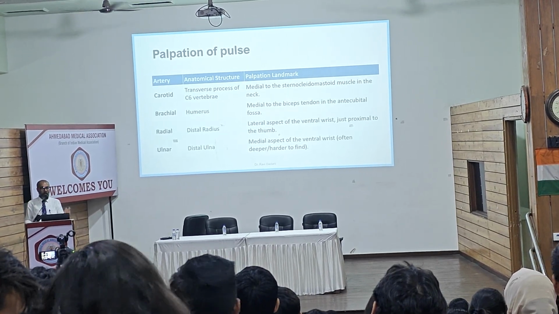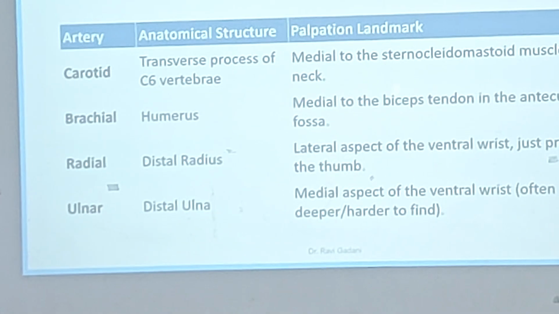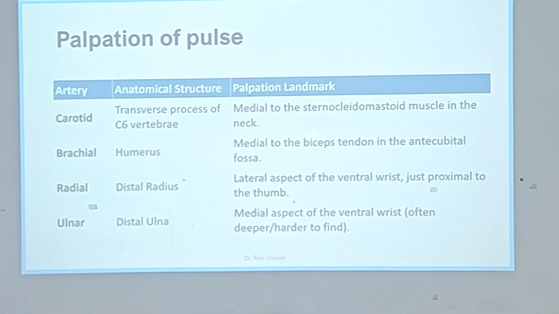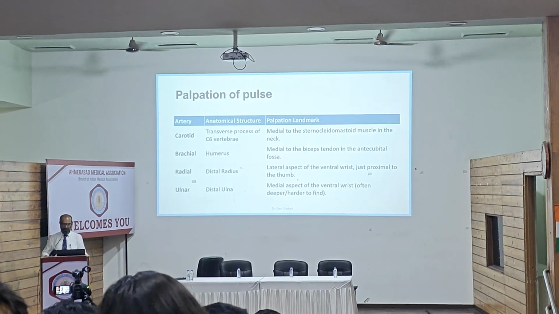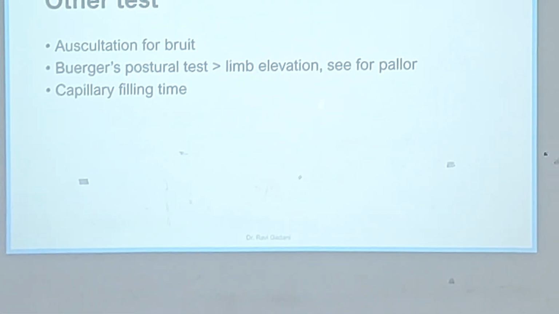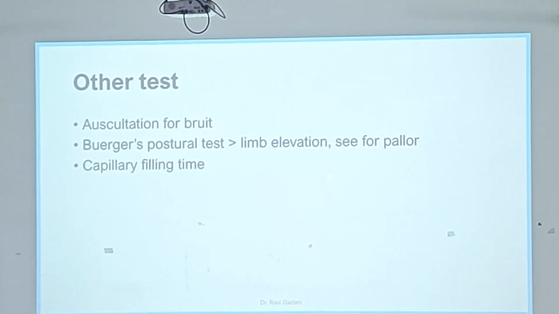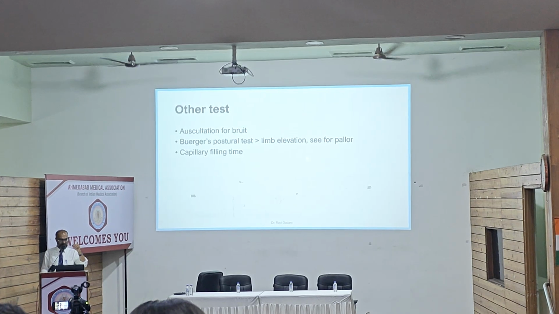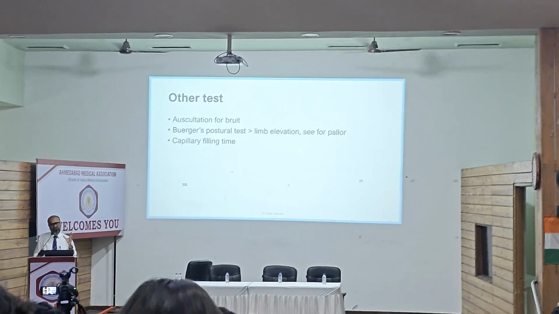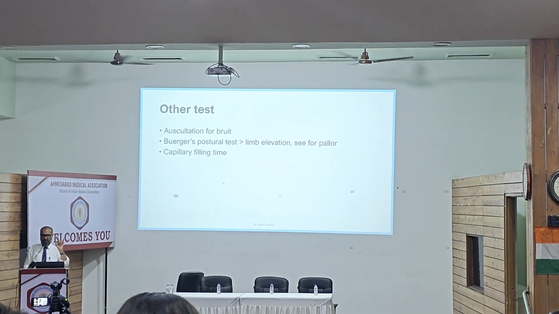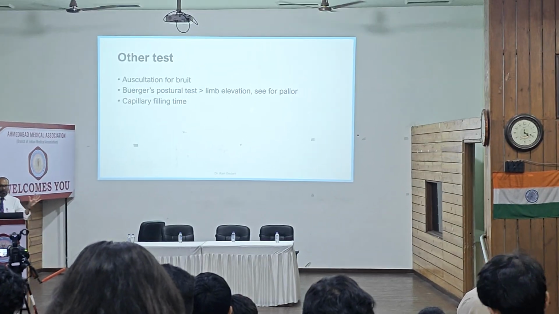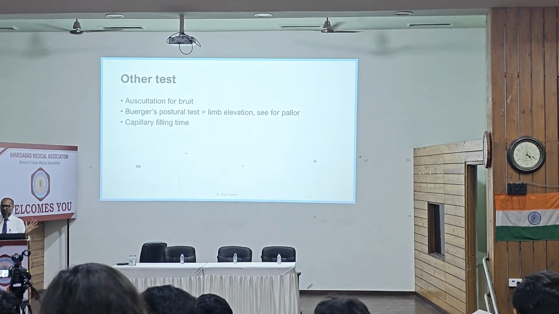I think it's very simple to do. But in case of PVD, you also need to palpate carotid. You also need to palpate upper limb arteries, and you also need to speak about it. Other tests are you need to auscultate for bruit, because at palpation there can be bruit. Buerger's postural test, all these tests in PVD and in varicose vein, are usually of historical importance only. We usually don't do these tests.